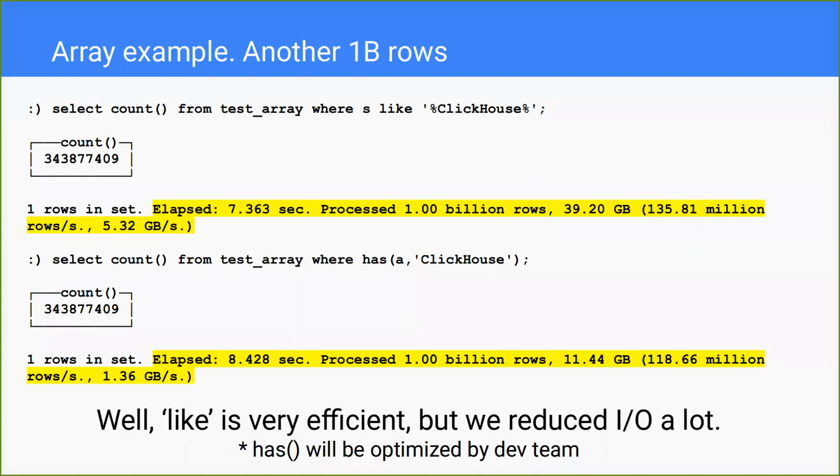But the LIKE clause processing is extremely efficient in ClickHouse, and in fact, the arrays do well because we have a lot less I/O. But it turns out the has operator needs some optimization, and that's something that we're aware of and will be addressed soon. But in the meantime, it has performance close to LIKE on a string.